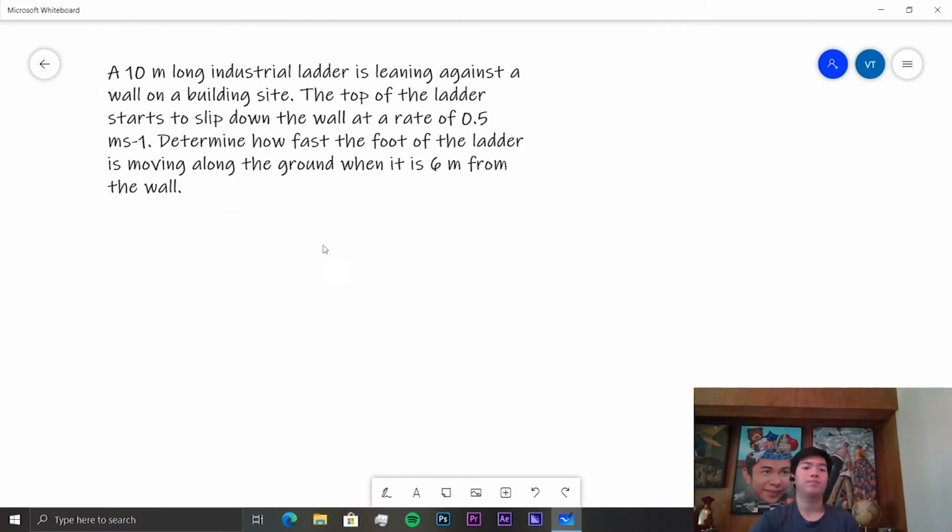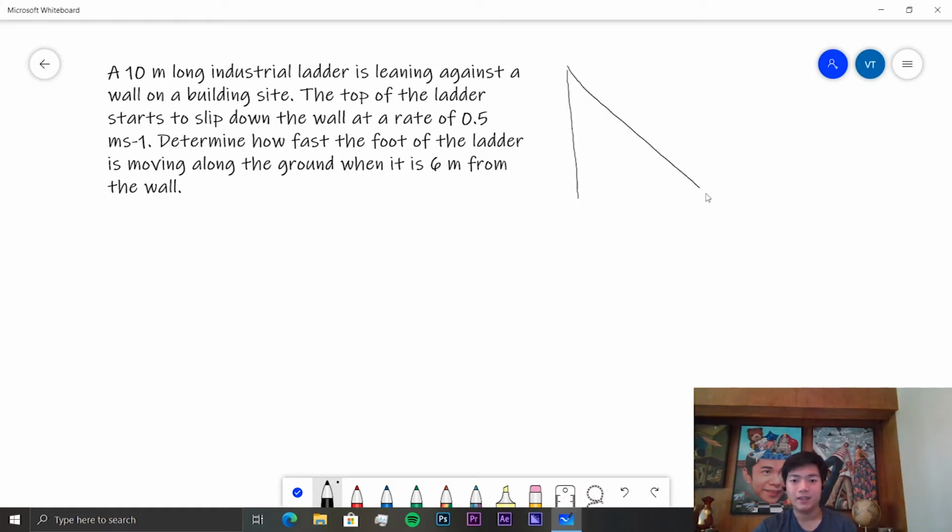Okay. So we need to construct two equations. First of all, one relating to the top of the ladder slipping at a rate. If we say that this is x and this is y, then we have dy over dt is equal to negative 0.5, right?